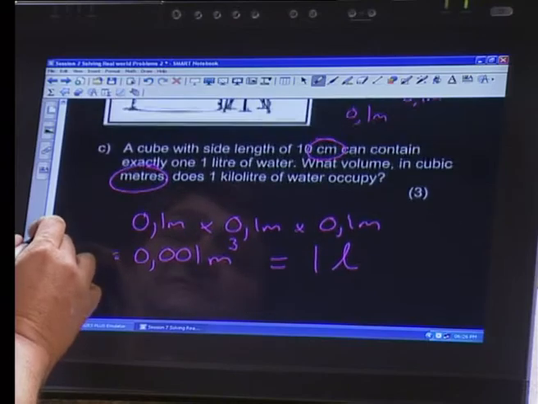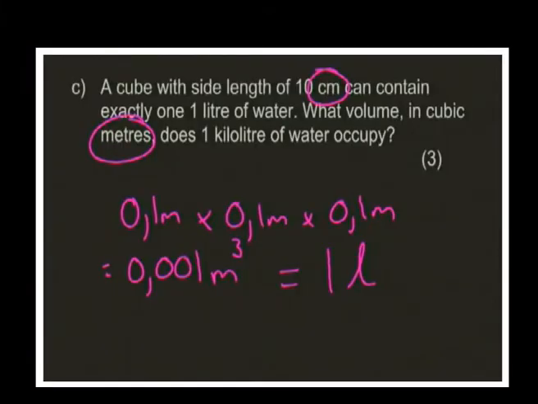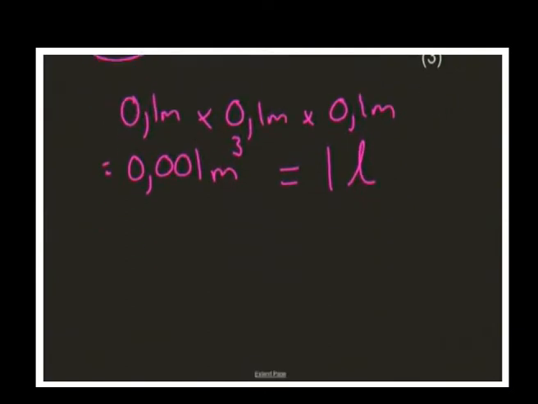But the question says, how many cubic meters does 1 kiloliter of water occupy? How many liters in a kiloliter? If I said I've got meters, how many meters in a kilometer? There are 1,000.